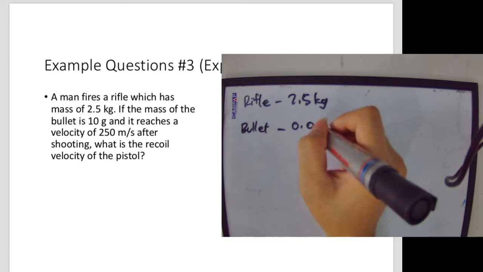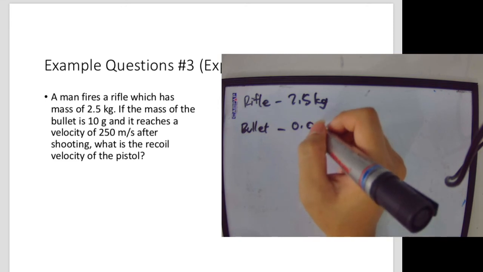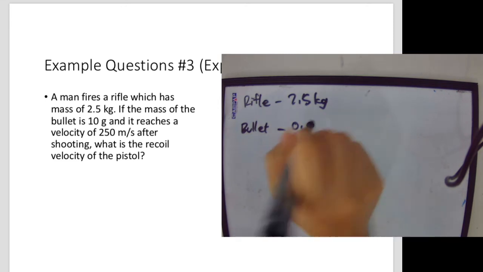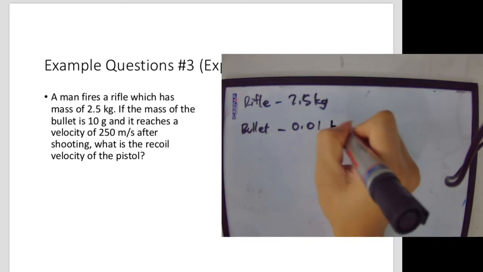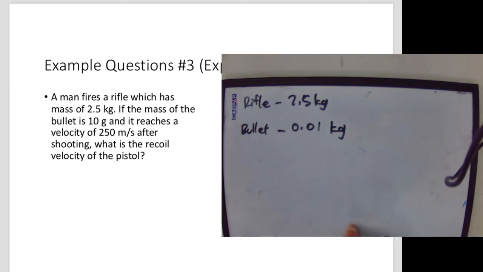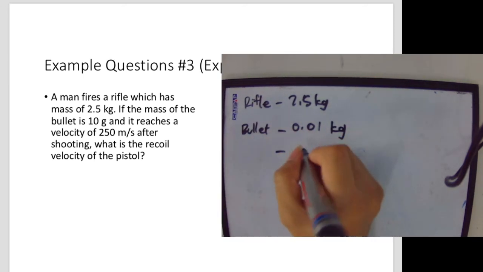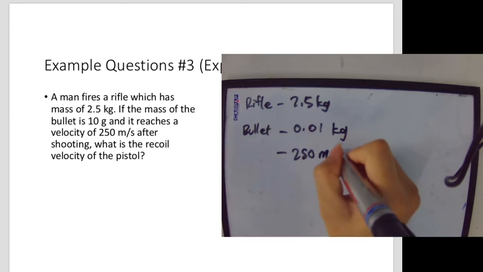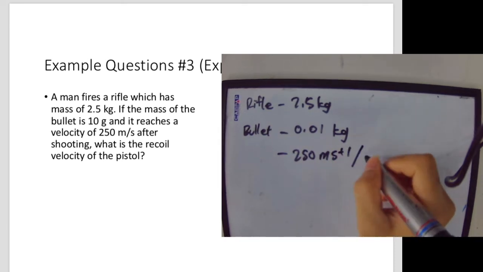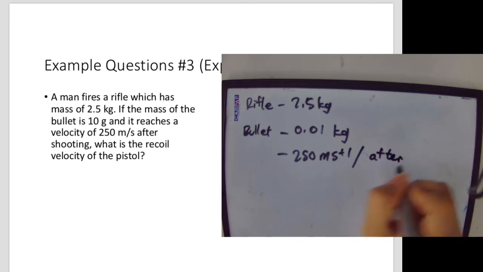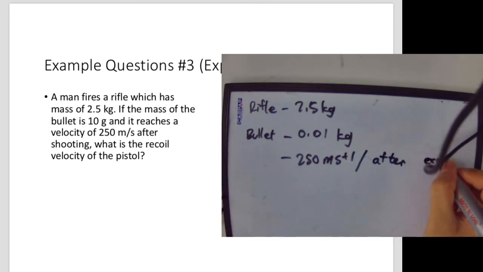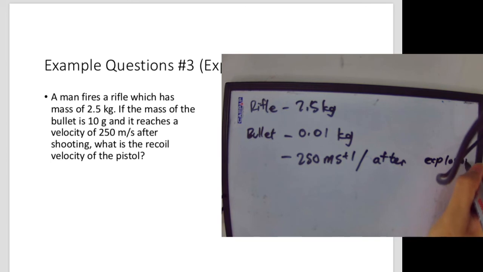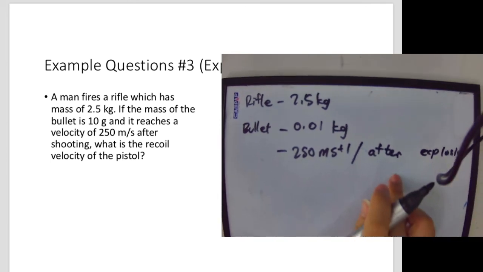So you have to change the grams into kilograms first. 0.01 kilograms. That's right. And the speed after explosion is 200 meters per second. After explosion. Okay, so after he shoots.